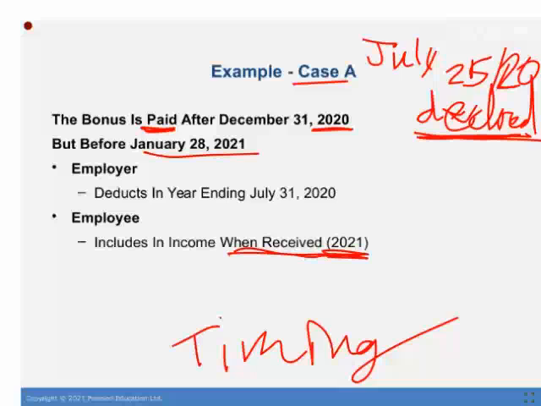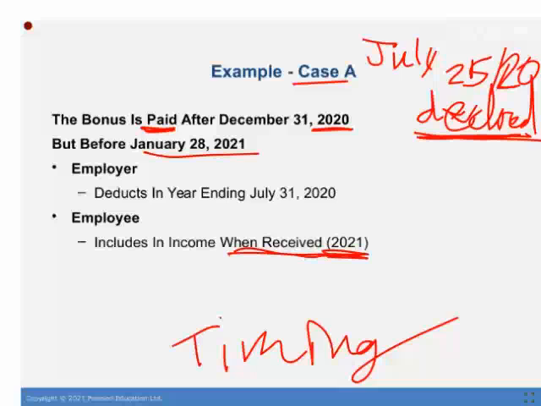A lot of this, you look at from both sides because you've got the employer and the employee. For the business, they can deduct it when the cost was incurred, when it was earned by the employee. For the employee, it's all about when they receive it. But there are some exceptions to that.